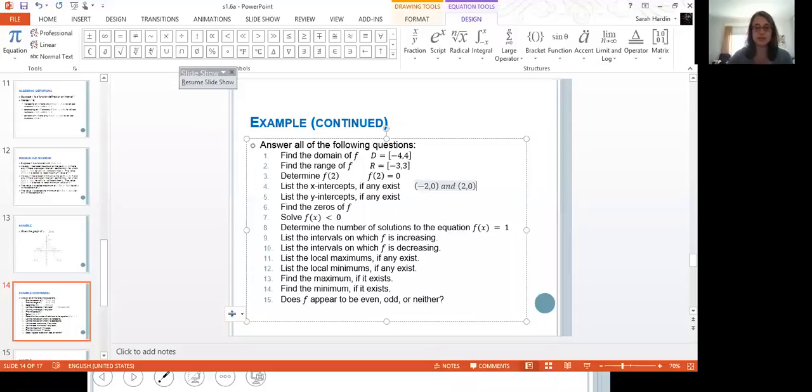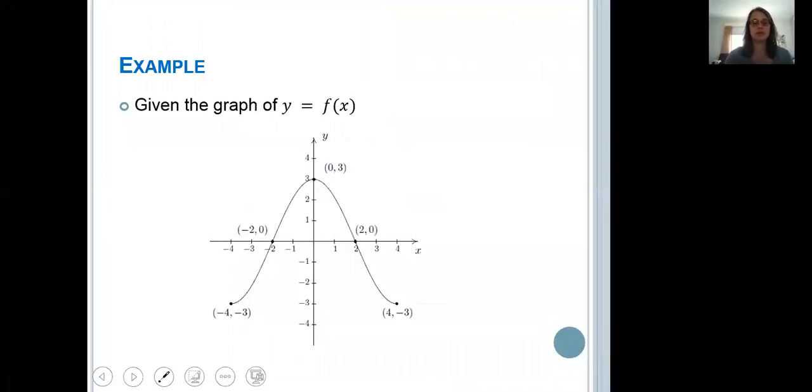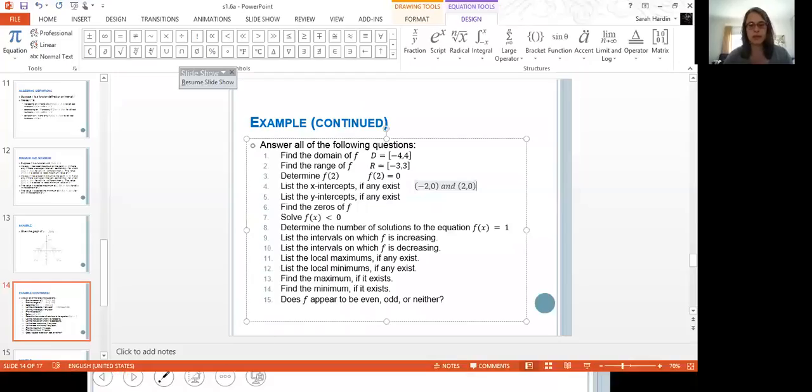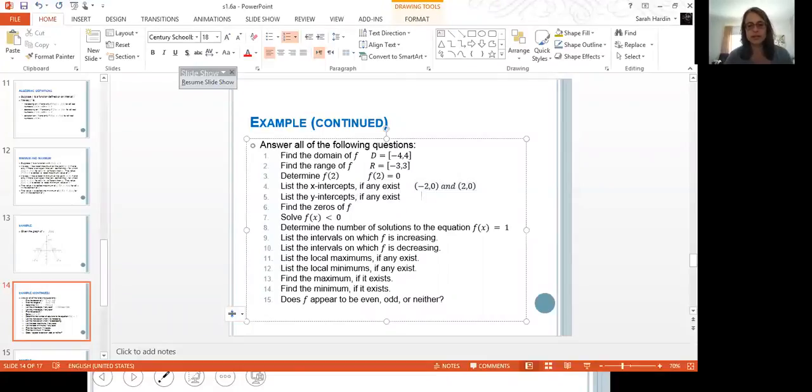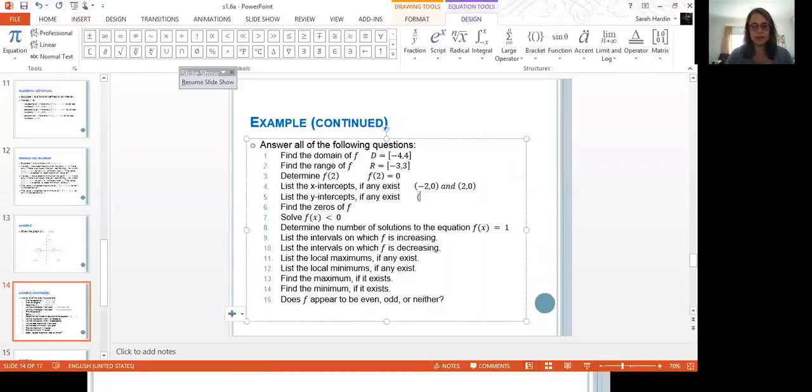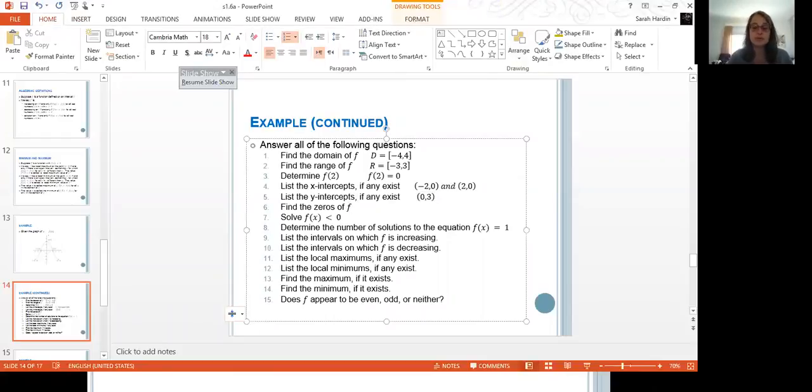All right. Y-intercept. The next question was list the y-intercepts. The y-intercept, remember, is where our graph crosses the y-axis, which is right here at the point 0, 3. Again, y-intercepts are points, so we're going to list them as an ordered pair, 0, 3. All right, the zeros of our function are the x-coordinates of the x-intercepts.